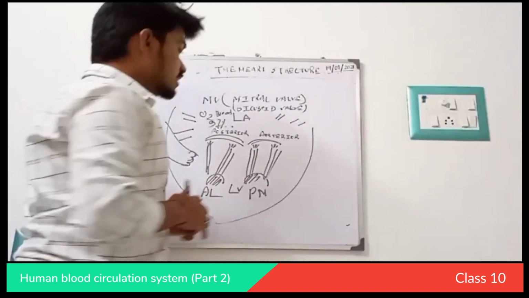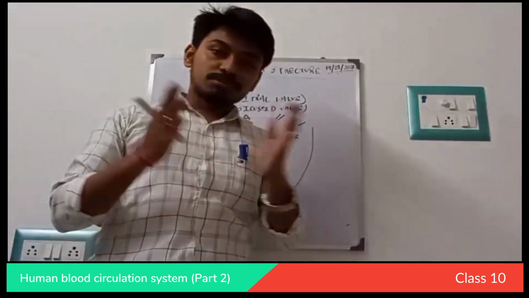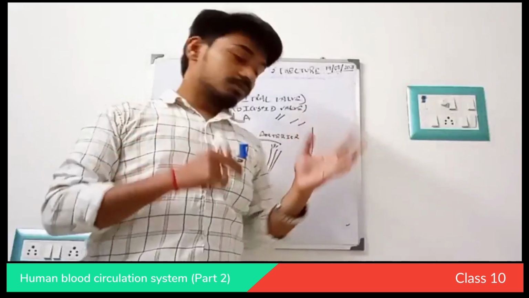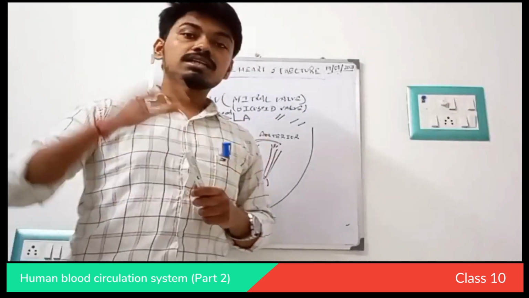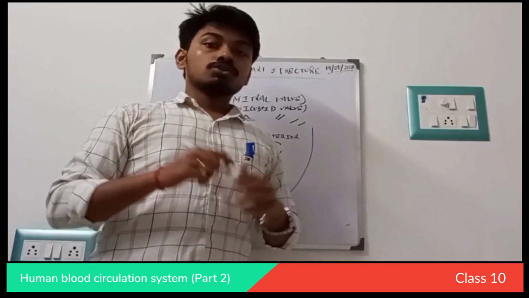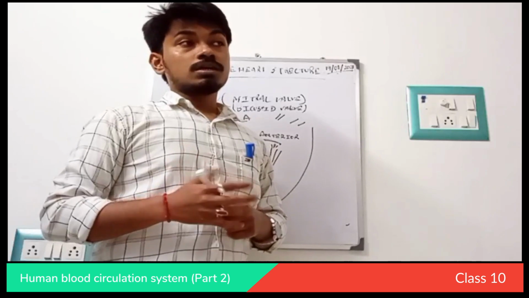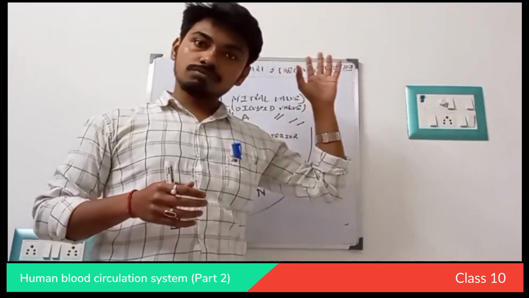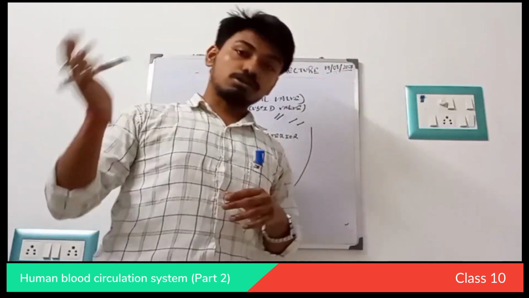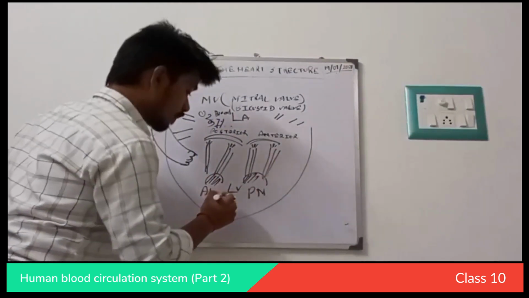But the RV is a thinner structure, because it has the elasticity to handle venous return, whereas the LV has a boost of power, with muscle strength to eject about 70 ml of blood out of the ventricle to the whole body circulation.